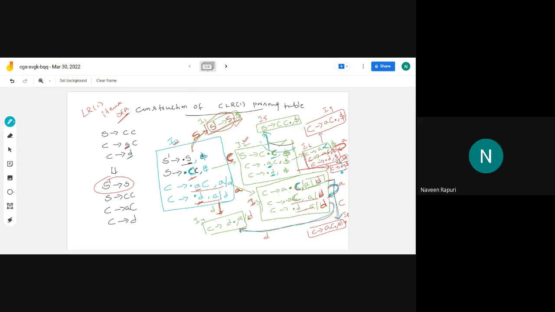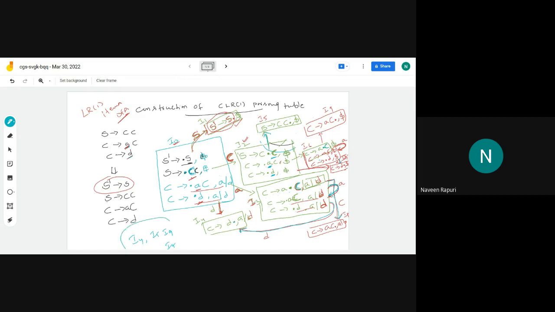Coming to I7, it is also ended. And I5 is also ended, I4 is also ended. Here we are having I4, I5, I9 and I7.